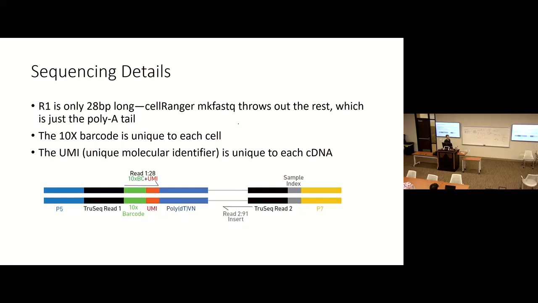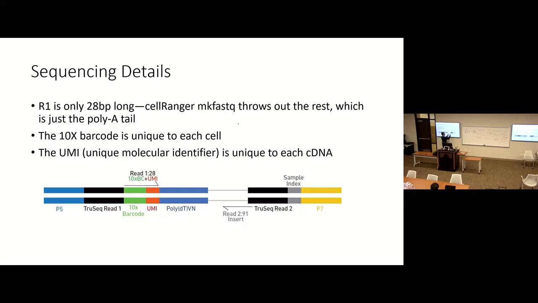So this is a constructed library, and in the sequencing facility, the sequencer will read this as R1, that will be R2, okay? R1 contains the 10x barcode to tell you this was transcribed from this cell, and then the UMI tells you this is not a duplicate copy of that particular mRNA.